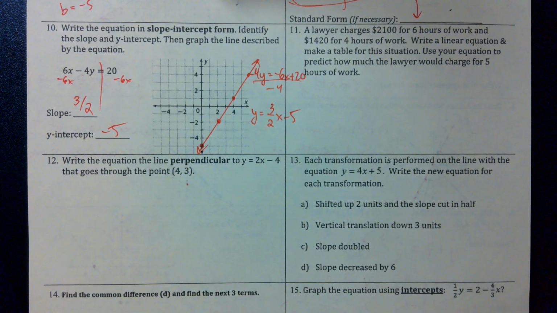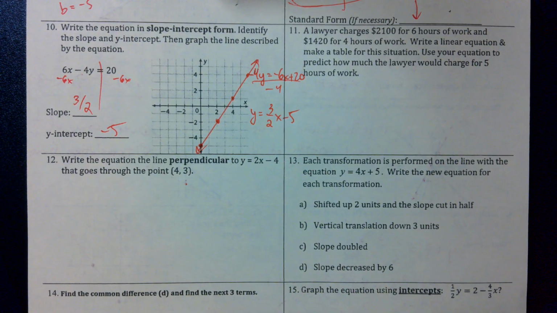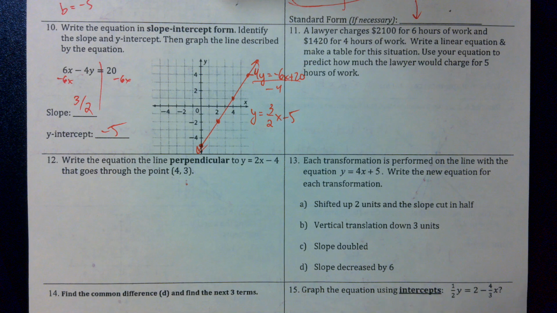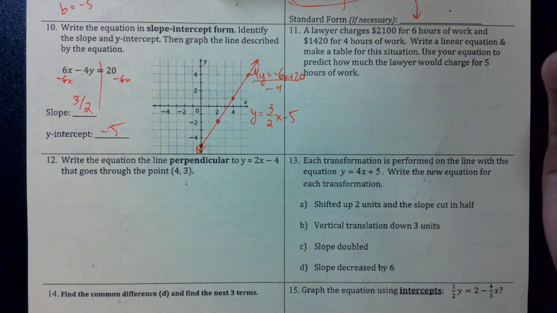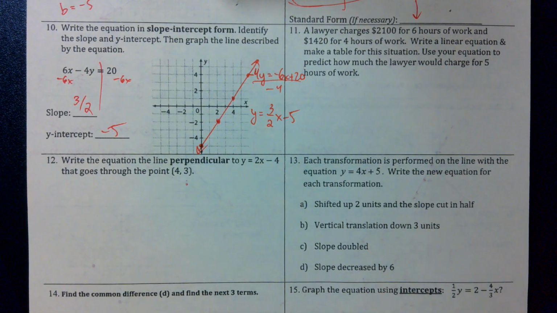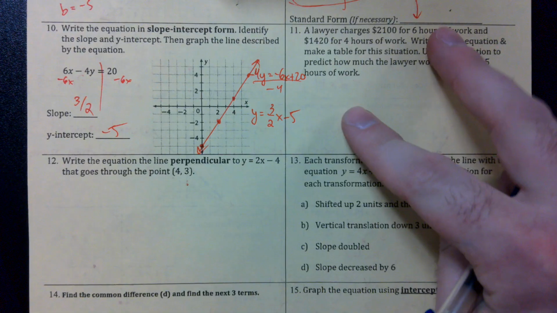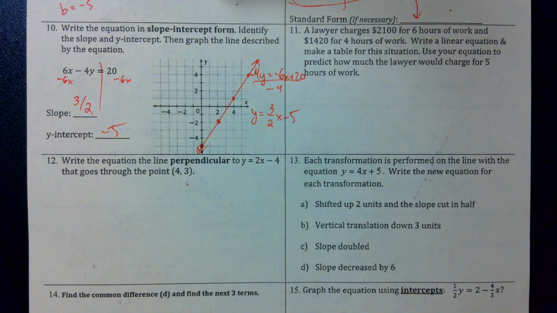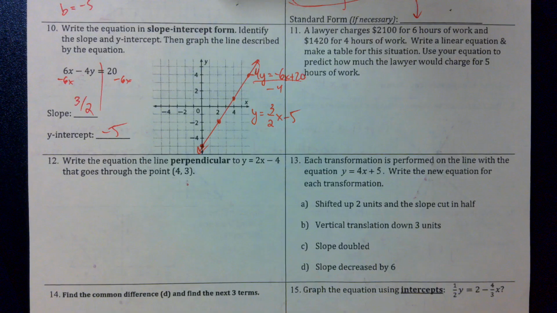Number 11 is where I got the most questions yesterday. So let's take our time. A lawyer charges $2,100 for 6 hours of work and $1,420 for 4 hours of work. Right away, there's 2 ways I could do this. I could turn this information into 2 points and use the slope formula, y2 minus y1, blah, blah, blah.